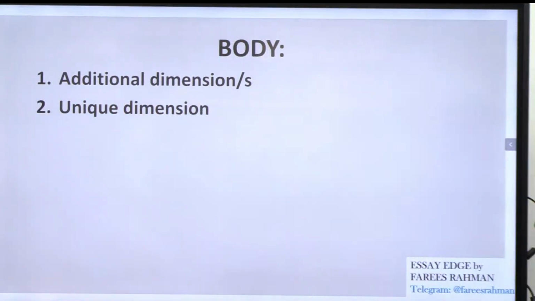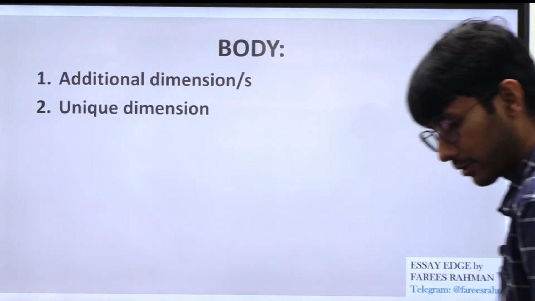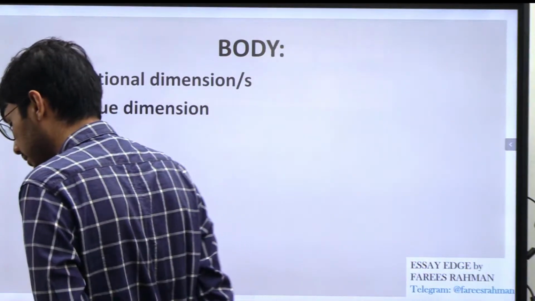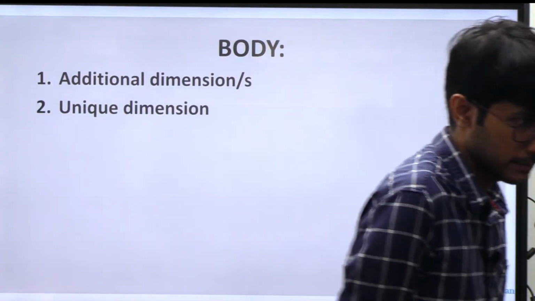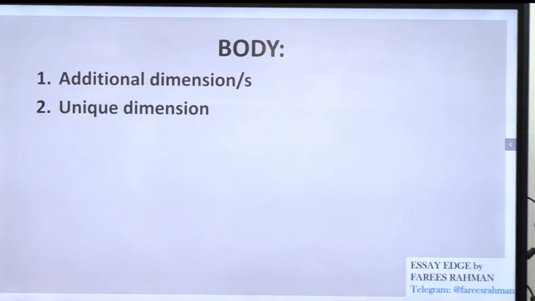Next point: do not start your body directly by writing an additional dimension, which is not directly related to the topic. These things should come in the second half of the essay.